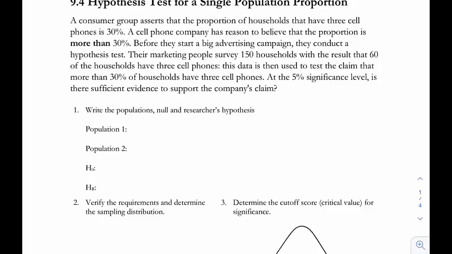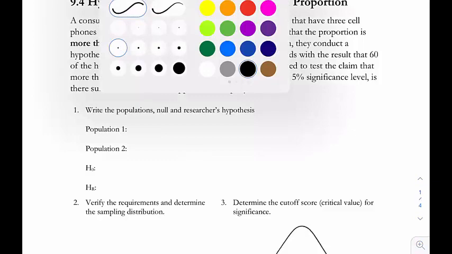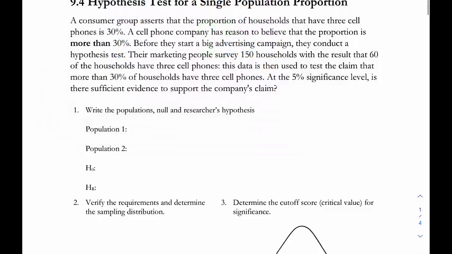So we're basically going to break this down: the second sentence is going to identify population number 1, versus sentence number 1, which identifies population number 2. For both of these groups, we have the set of all households that have 3 cell phones, nothing more, nothing less.